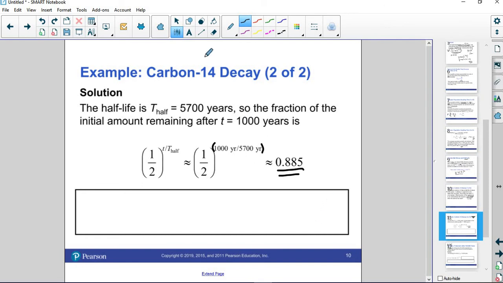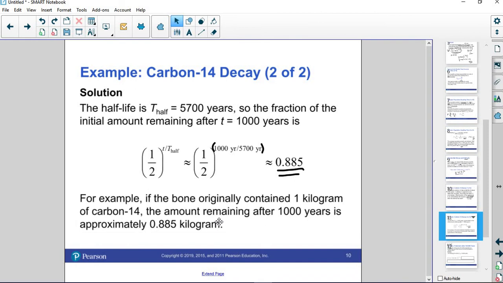Okay, so that's the ratio of the original amount compared to how much it had now. And so, for example, if a bone originally contained 1 kilogram of carbon-14, then how much after 1,000 years would be about 0.885 kilograms. So a little bit less than 0.9 or 9/10 of a kilogram. So you can see that it decays very slowly.